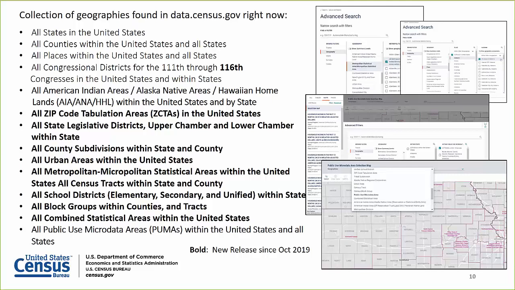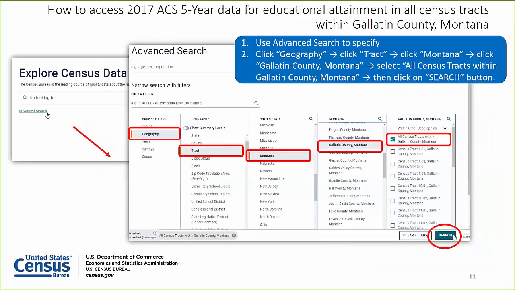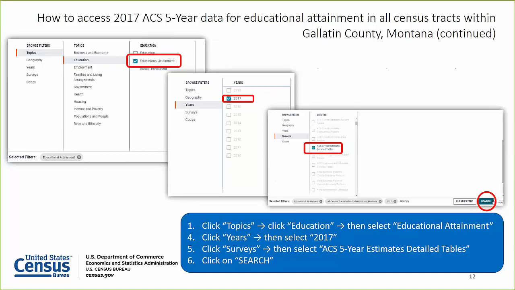So just a quick how-to, you would access these one-click collections of geographies through our advanced search. Go to the geography in the first filter panel, select tract, go to Montana. We chose Gallatin County, Montana, and then we selected all census tracts within Gallatin County, Montana, and then clicked search. And then we went through a topic.